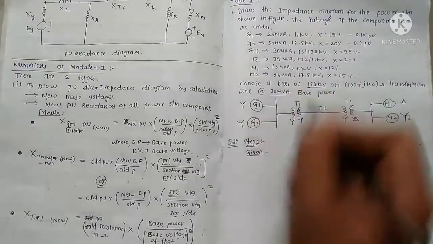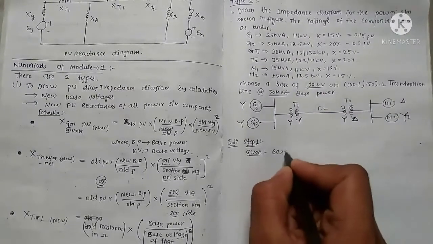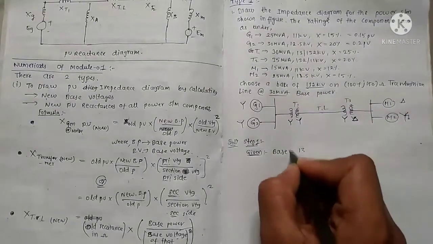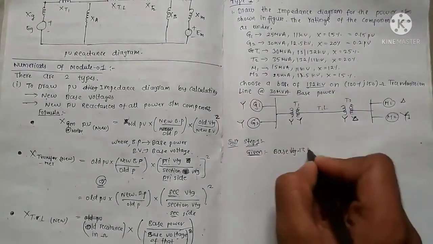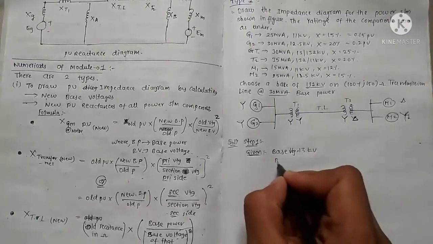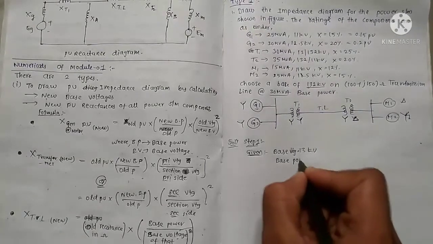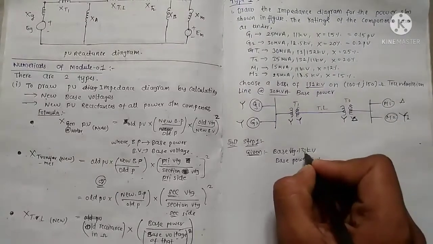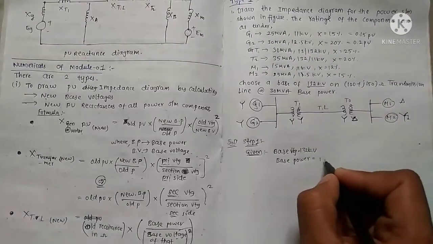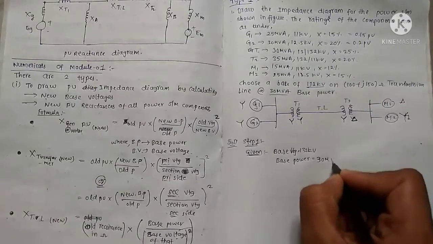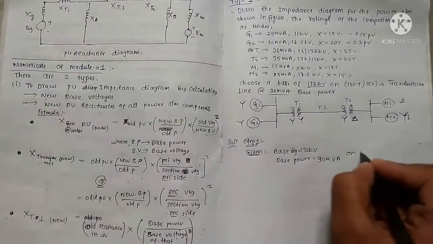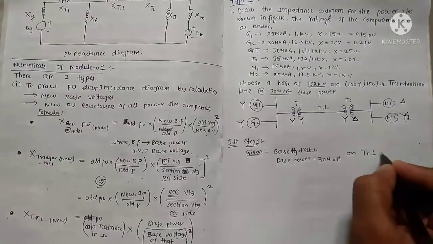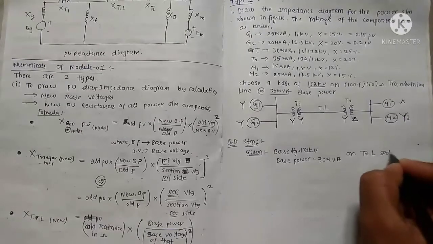Now the base voltage has been given already. Base voltage is equal to 132 kilovolt. Base power is equal to 30 MVA on the transmission line section.